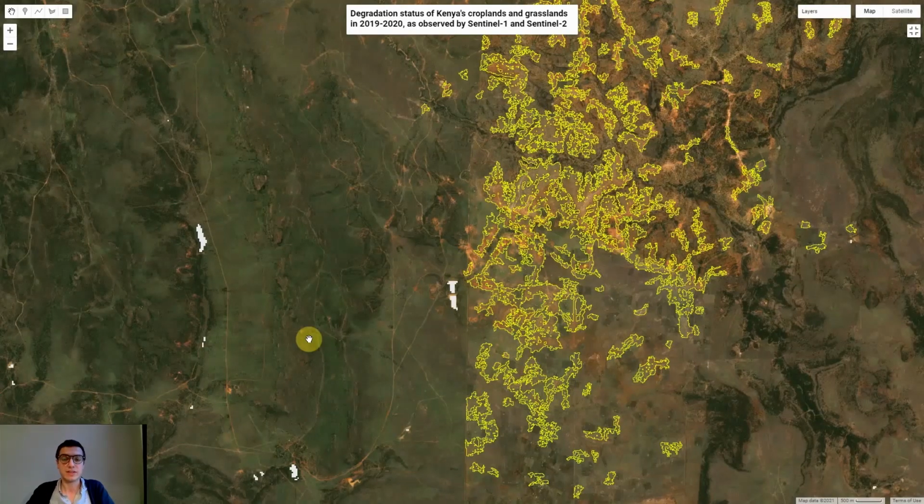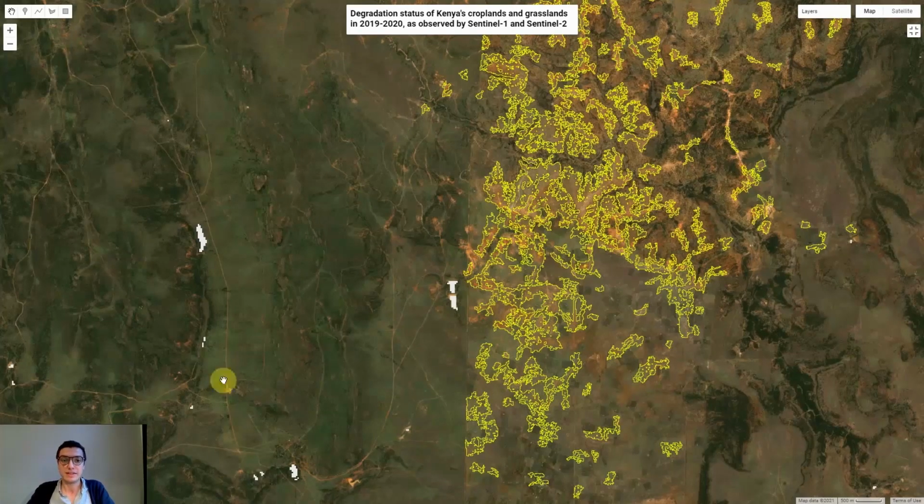But before we even get to implementing any regenerative practices in the landscape, it's already a good tool to indicate areas that have already degraded, and then, as a second step, find out how much it would cost, how much carbon we would be able to sequester, and over which time span, if we regenerated this part of the grassland.